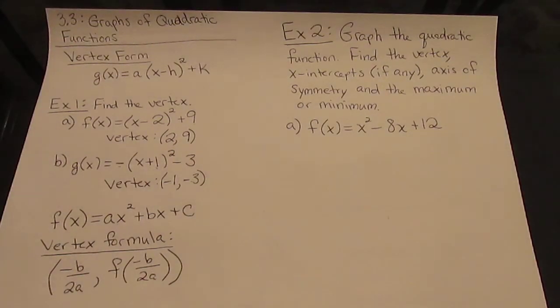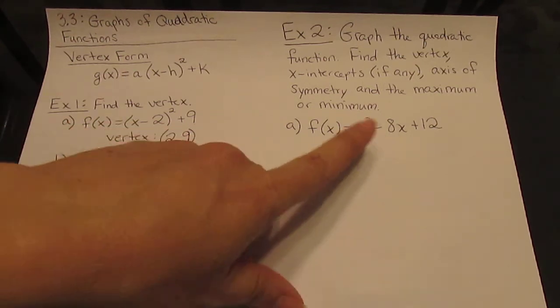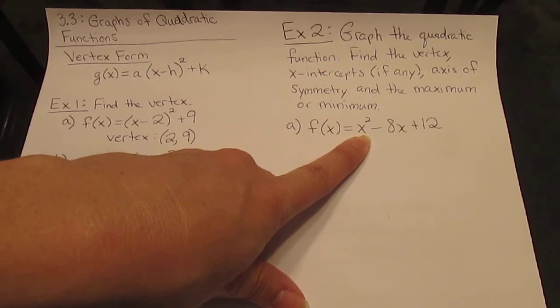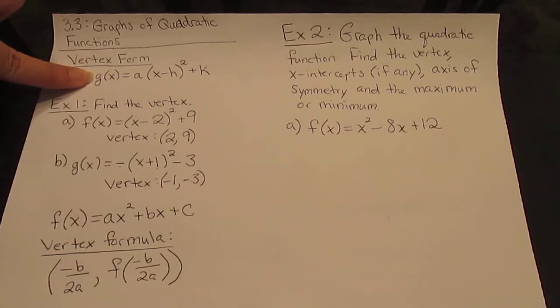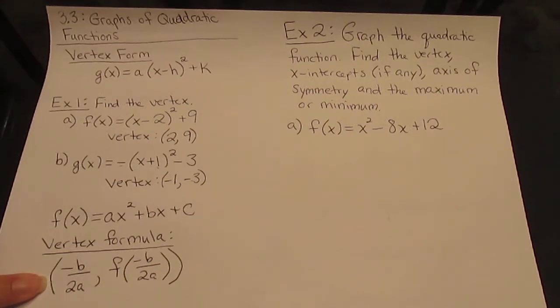Okay, well, first things first, let's find the vertex because we've done that in example 1. This time, it's not in vertex form, but check to see what form it's in. See if it's in vertex form or standard form so you know what you're going to pick in order to find the vertex. We're going to have to use the vertex formula in this one since it's not in vertex form.